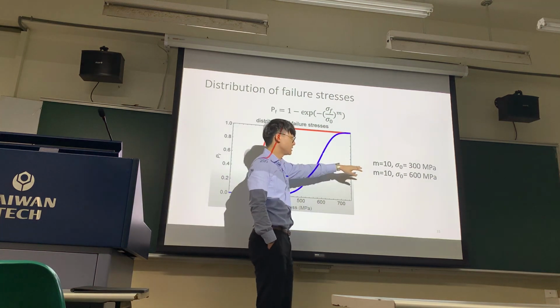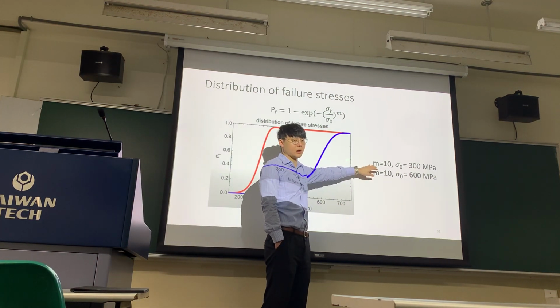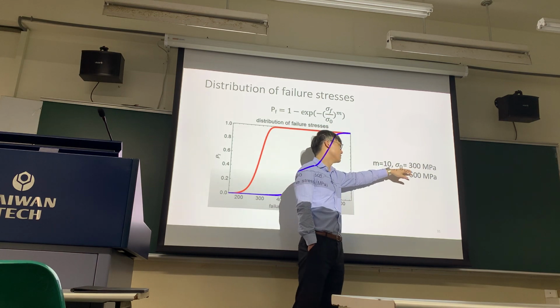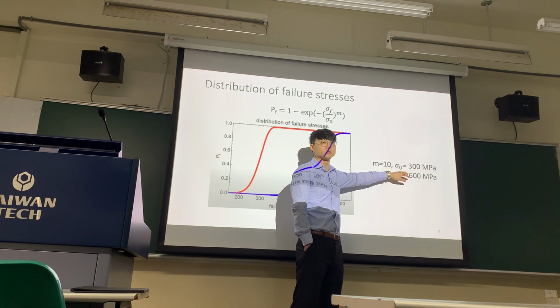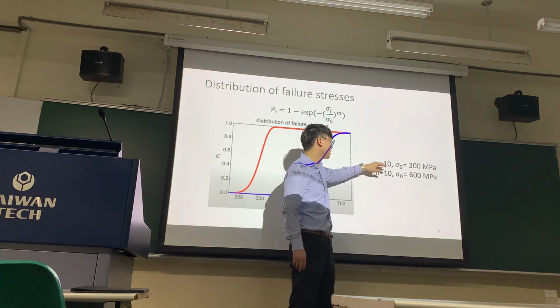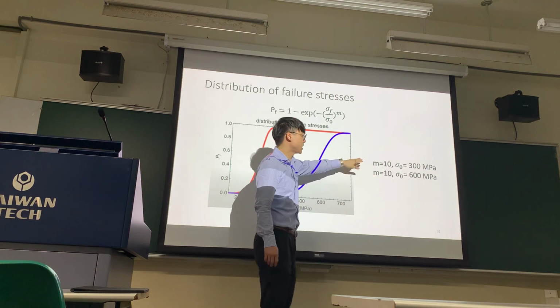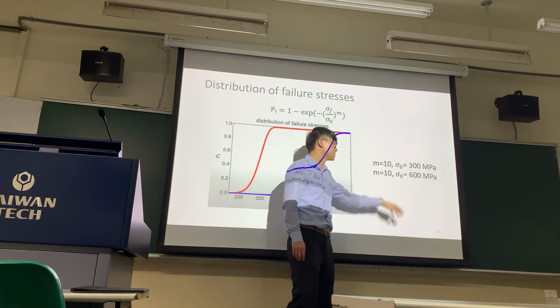And as I stated, this is the Weibull boundaries, and sigma naught here is the characteristic strength, or what we call the fitting parameter. Over here we have two cases: m equals 10 with sigma naught 300 MPa, and m equals 10 with sigma naught 600 MPa.